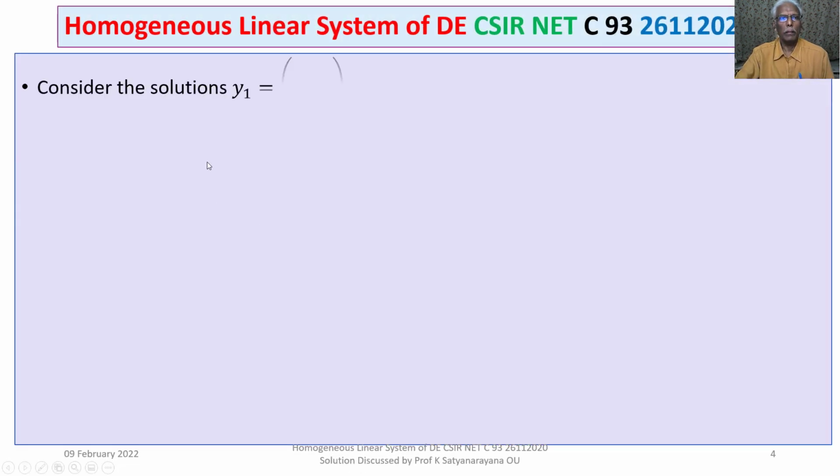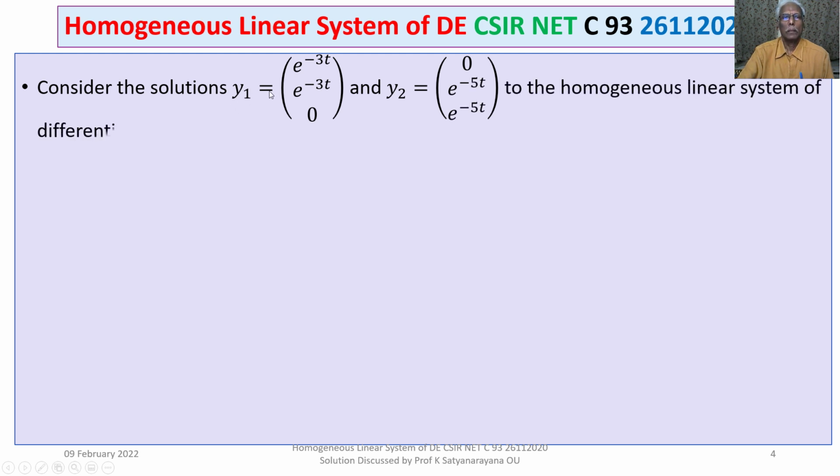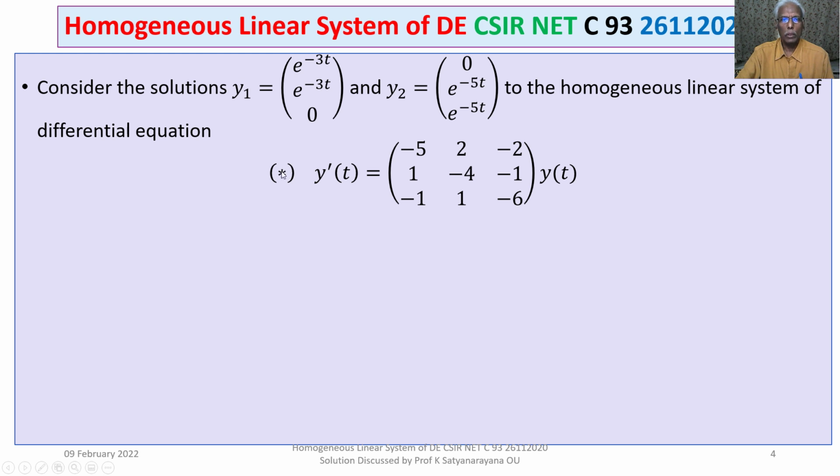It is from section C. The problem is: consider the solutions y1, the column vector e power minus 3t, e power minus 3t, 0, and y2, another column vector 0, e power minus 5t, e power minus 5t, to the homogeneous linear system of differential equations denoted by star.